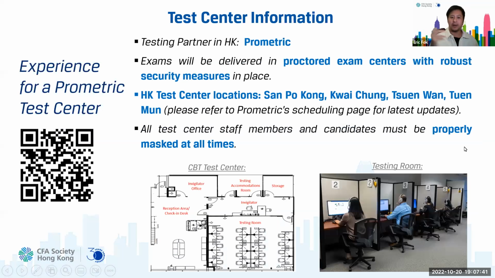And now, let me talk about the test center information. For the check-in process, you will be greeted by a proctor, and he or she will direct you to store your personal belongings. Make sure you bring your passport, because it's used to identify yourself instead of the Hong Kong ID. The centers or locations will be based on where you applied in the first place.